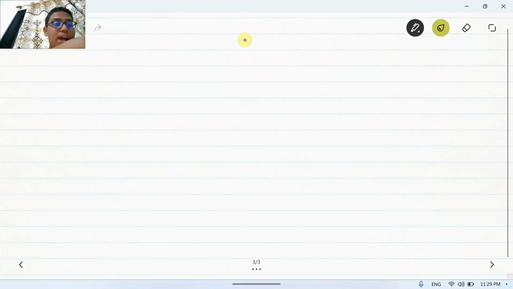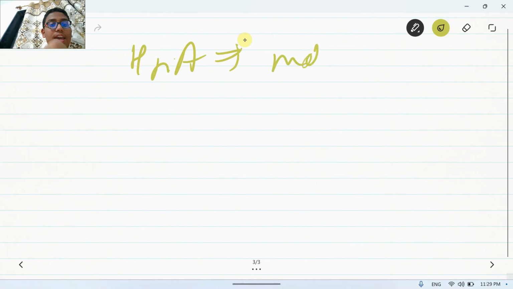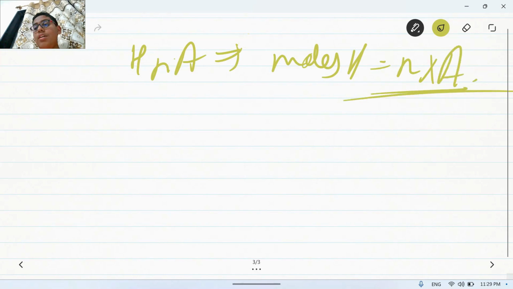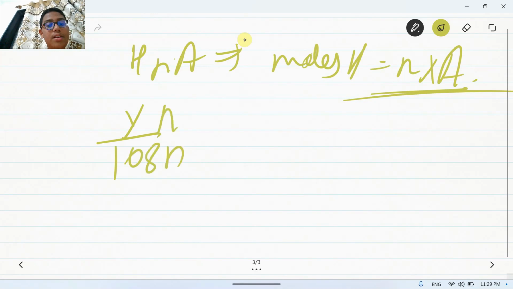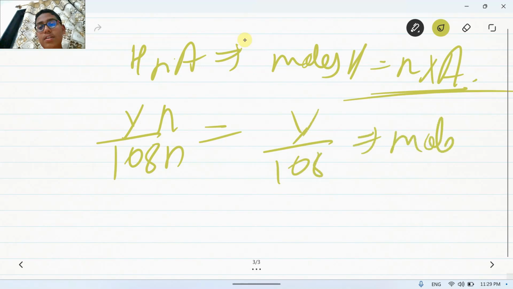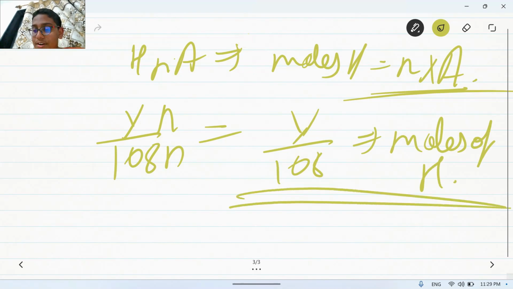Now, we know that in HnA, moles of H are n times moles of A. So moles of H will automatically become n times Y by 108. These are moles of H. Got it?